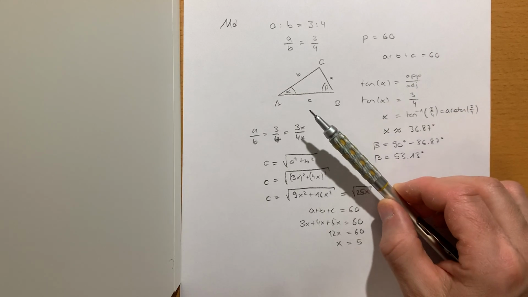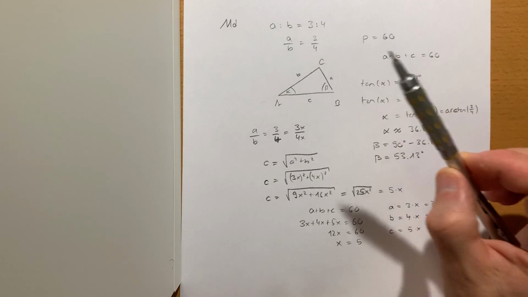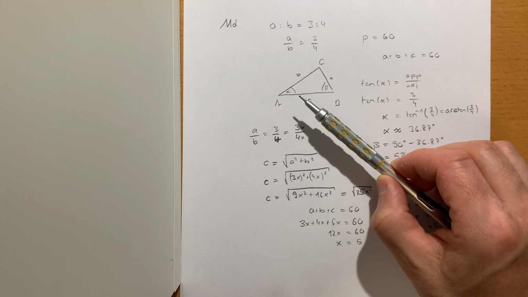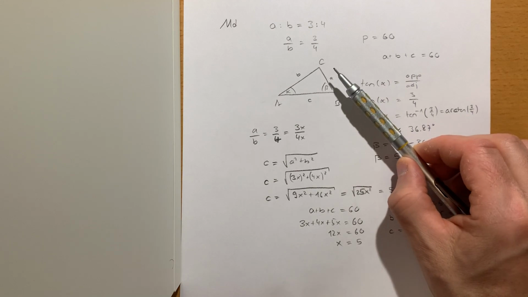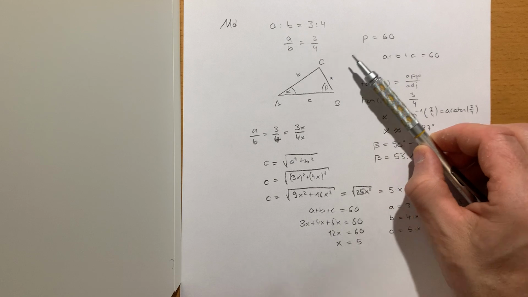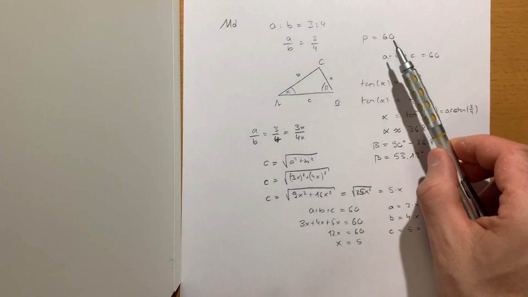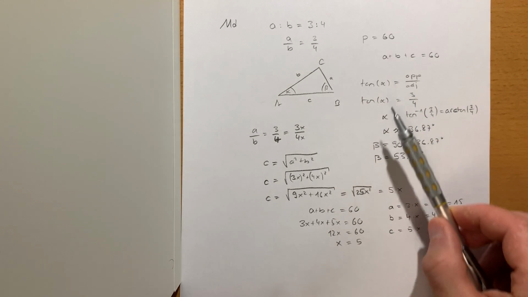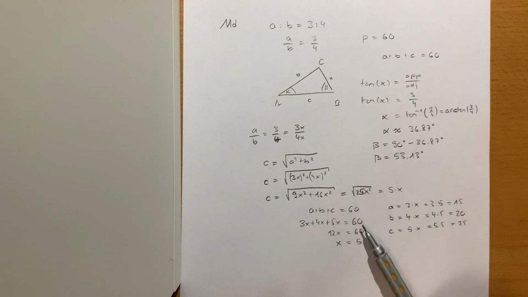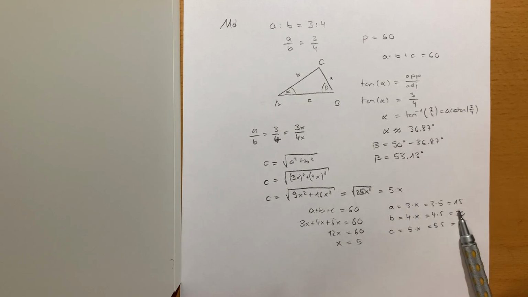Because we only know we're talking about a triangle where A to B is like 3 to 4, a similar triangle. And in order to lock in which triangle out of all these infinitely many similar triangles we're going to use, we have the perimeter. And we were able to use the perimeter in order to work out x. And with that, we were able to work out A, B, and C.